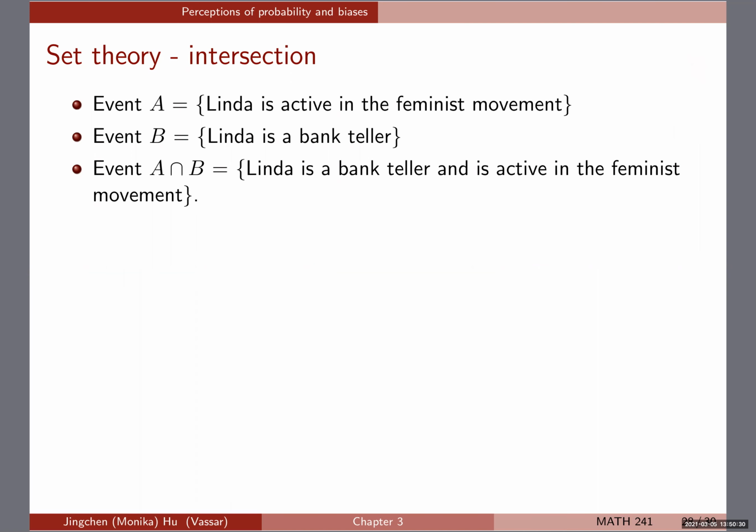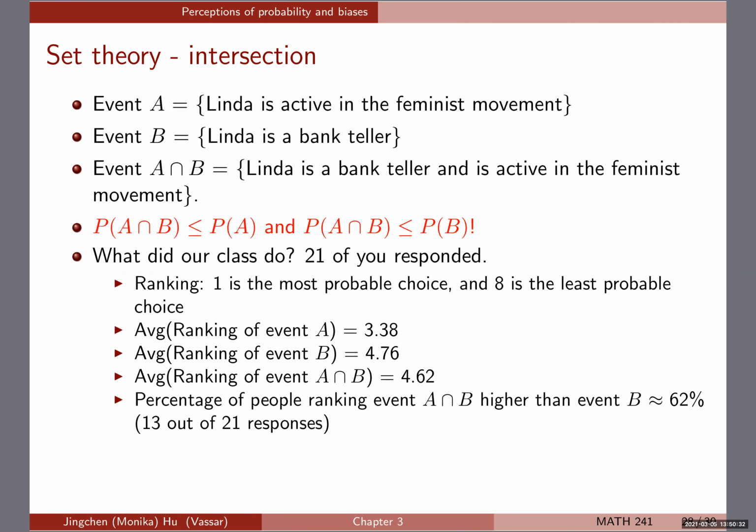If we follow this correct conception of probability, then a reasonable person, when ranking those 8 choices, probably wouldn't rank the joint higher than the marginals themselves.